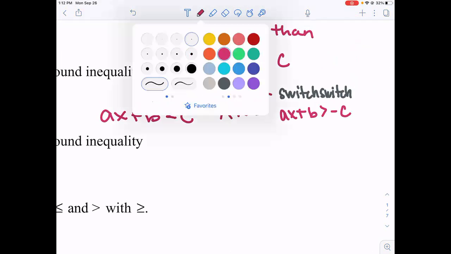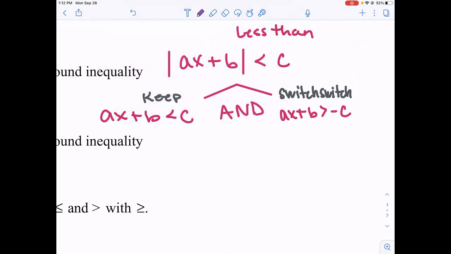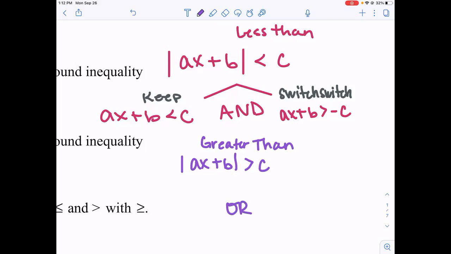We are going to do the same thing when we have this case right here: AX plus B is greater than C. Except when we have a greater than, our statement is going to be or.